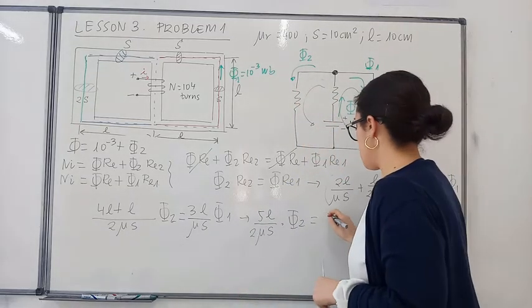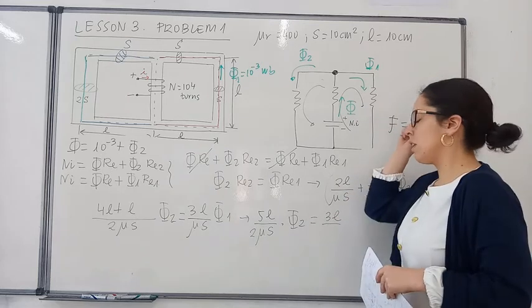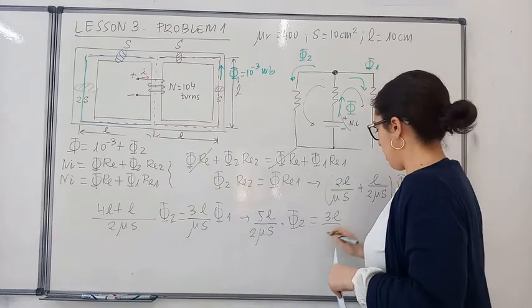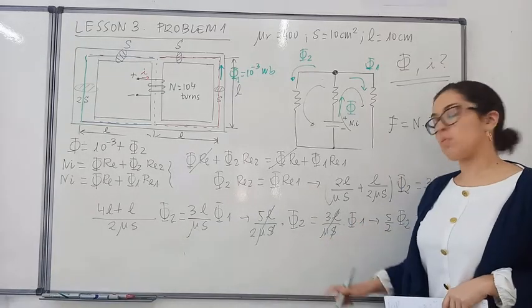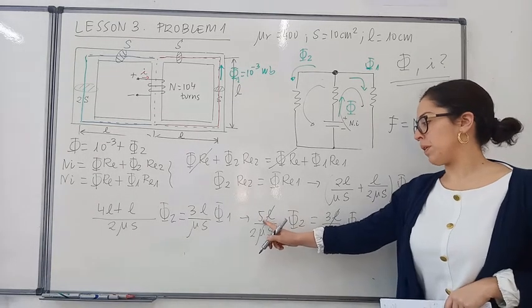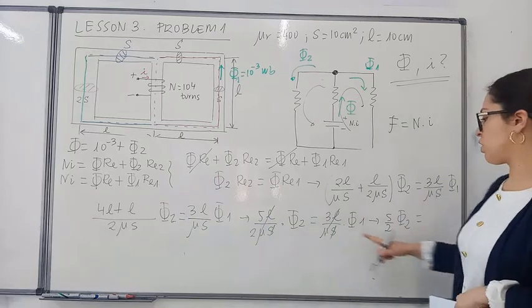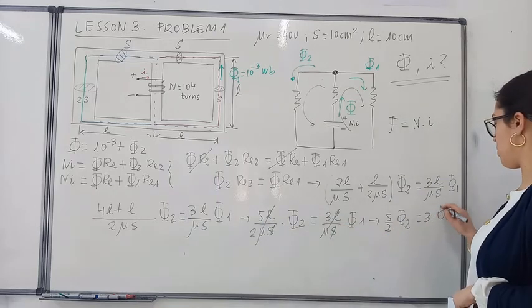the left branch, and on the other side, 3L, permeability, cross section, magnetic flux 1. So here in this expression we get to the following: 2.5 times phi2 is equal to 3 times phi1.